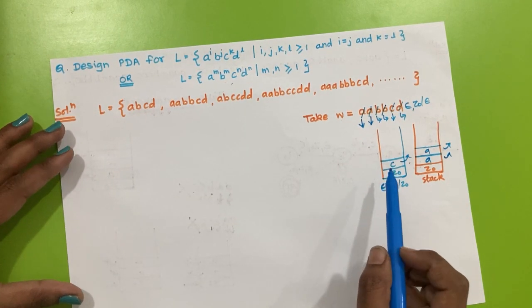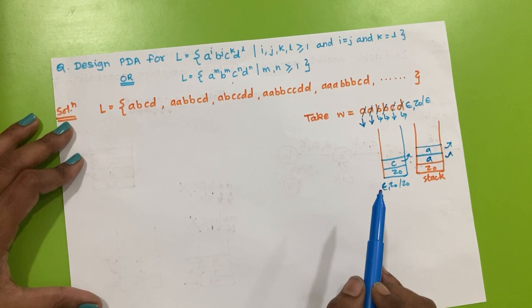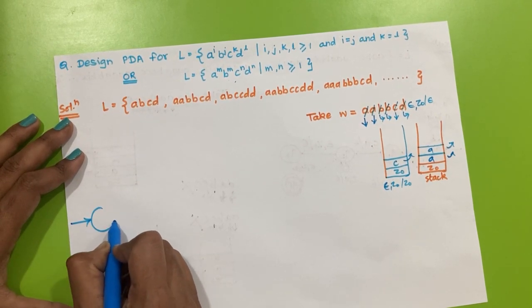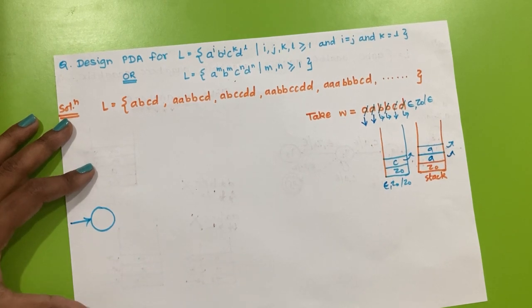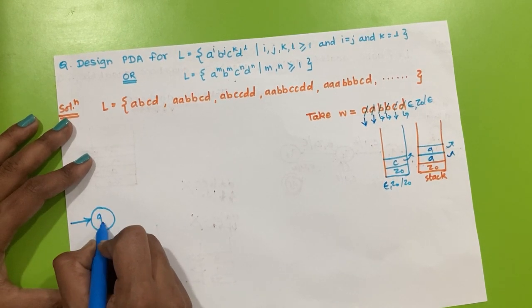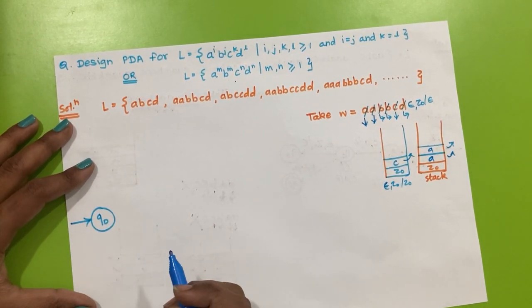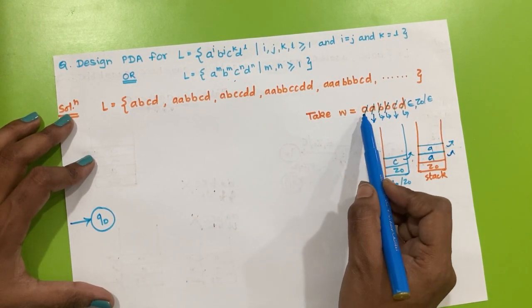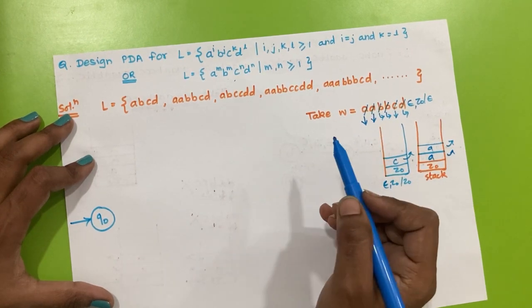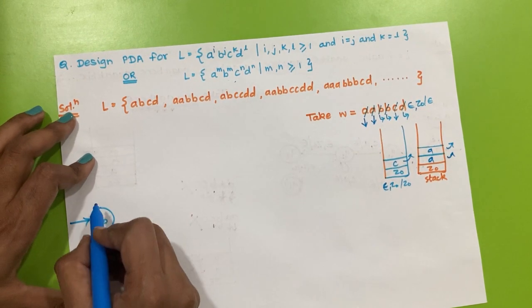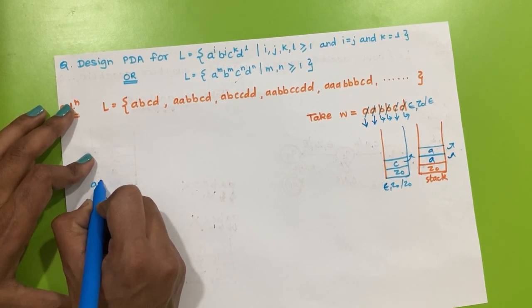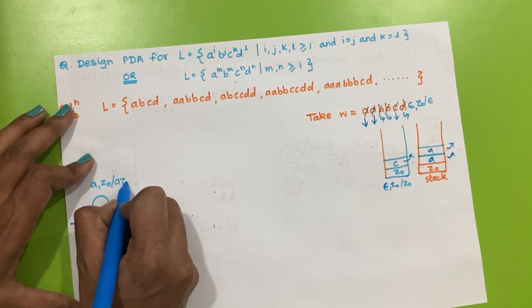If you are comfortable with the logic of this problem, then we will move to drawing of PDA. First I will take initial state, that is Q0. Whenever we have A's, all A's will get pushed onto stack. So for pushing purpose we will write the transition A Z0 A Z0.